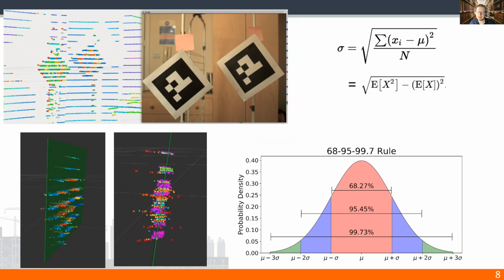The mean is, in this case, 0 if we measure the distances in the coordinate system of this plane. And the standard deviation is equal to this formula, which is exactly the same as the standard deviation we were taught in statistics at college. We also remember from statistics that for a Gaussian distribution, plus minus 2 sigma covers 95% of the area of this distribution.